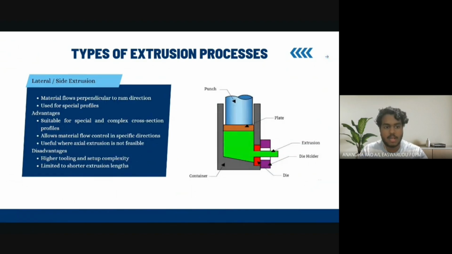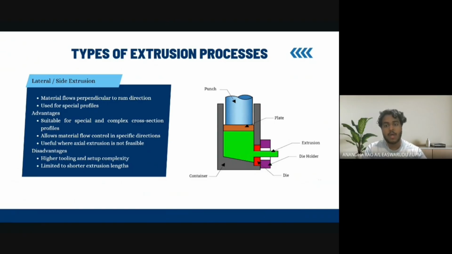Next, let's see about lateral and continuous extrusion. In lateral or side extrusion, the material flows perpendicular to the ram direction. This method is mainly used for special profiles, but it has limited industrial application due to complex tooling.